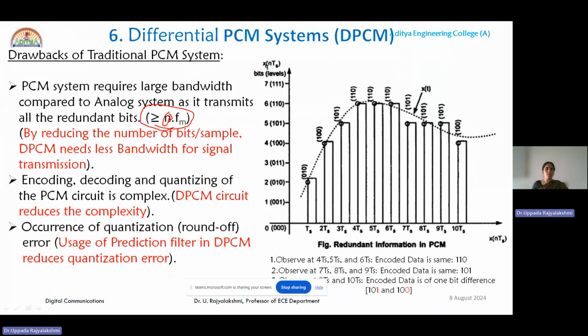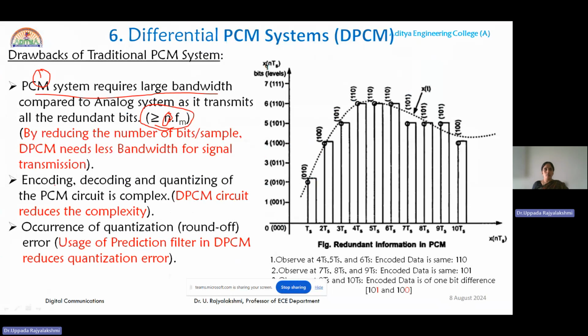In order to improve the SNR, you need to improve the value of n. But once n increases, the PCM requires a large amount of bandwidth. This is the first drawback of the PCM system. So the PCM system needs a large amount of bandwidth for signal transmission, and it is always greater than or equal to n into fm.